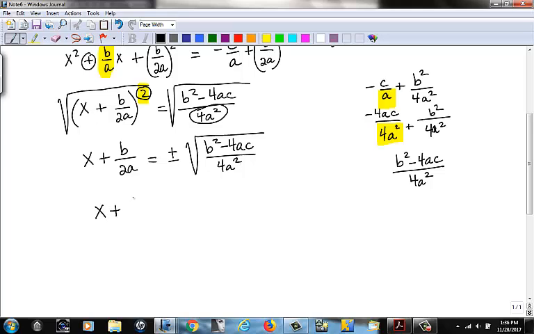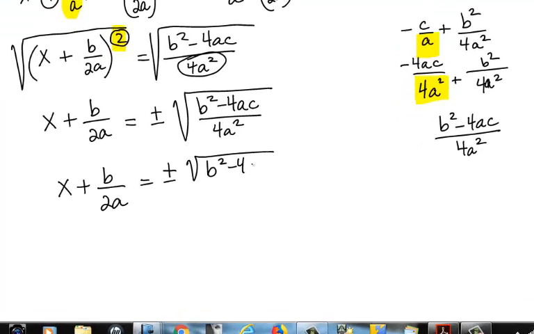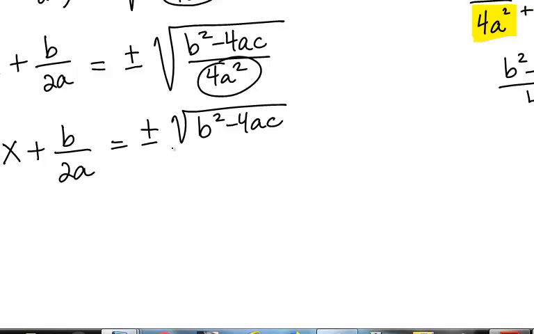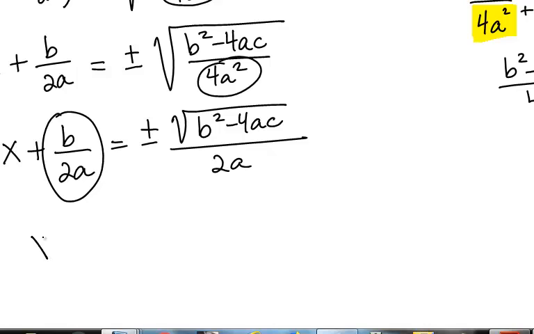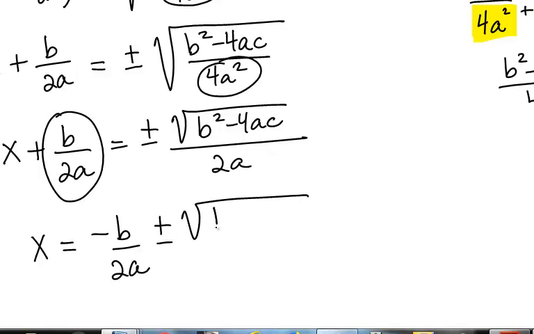So I'd have x plus b over 2a equals plus or minus. Top part stays b squared minus 4ac, but out of this I can take out 2a on the bottom. Now solve for x, bring this term over to the other side, subtract it, so we'd have x equals the opposite of b over 2a plus or minus the square root of b squared minus 4ac, and it's all over 2a.